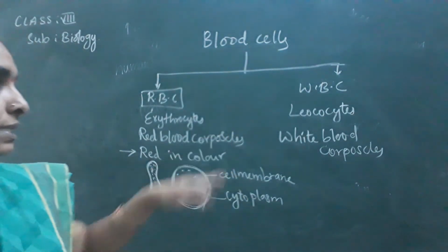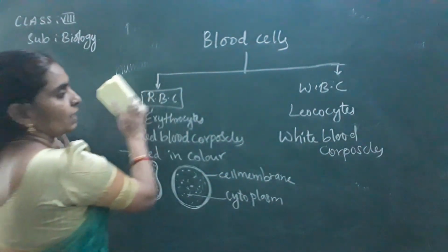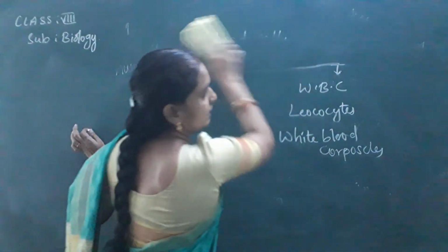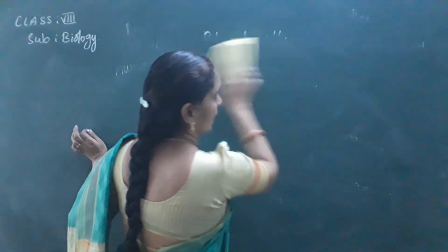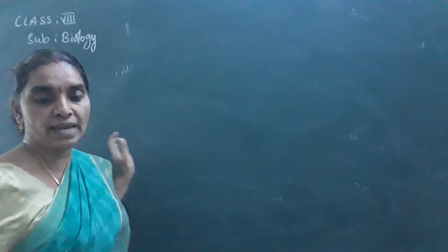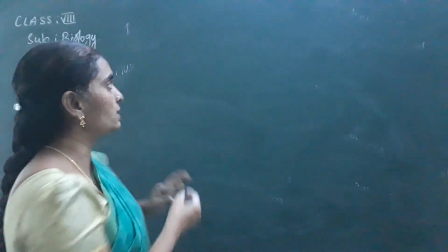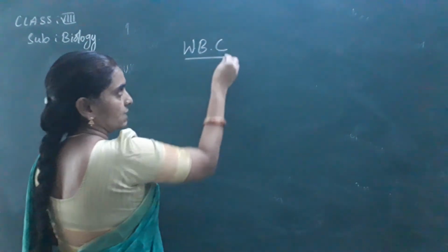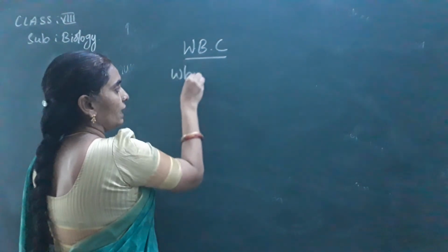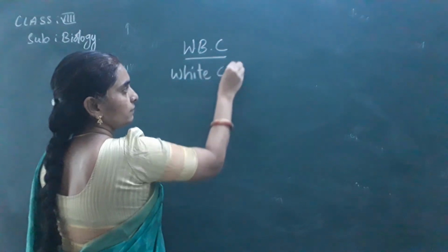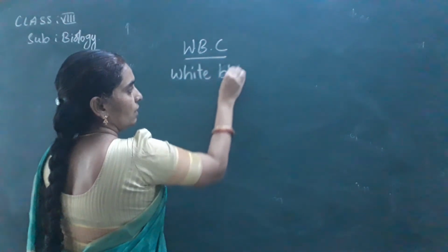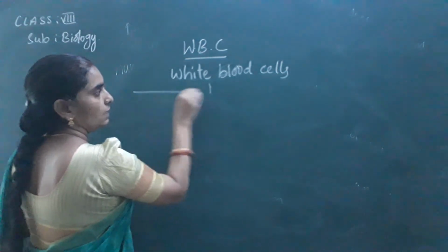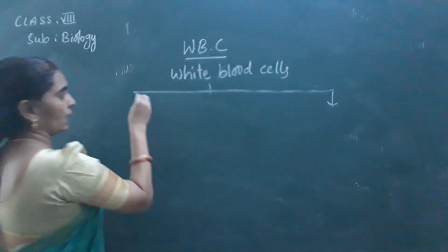And coming to the WBC, children, that is white blood corpuscles. Now you are going to learn about the white blood cells, also called white blood corpuscles or leukocytes.